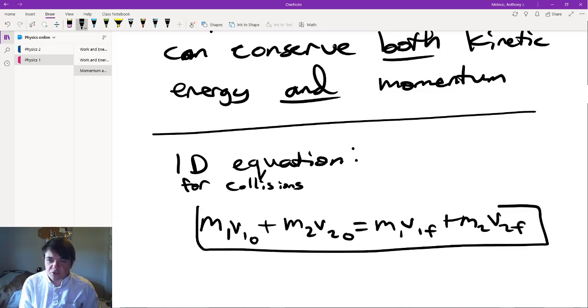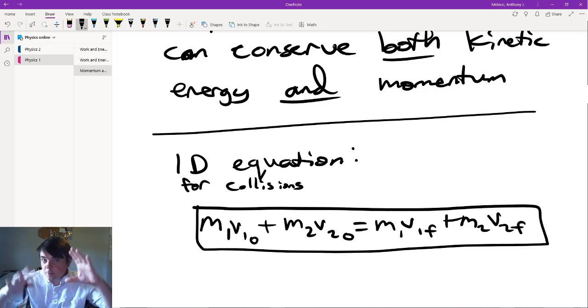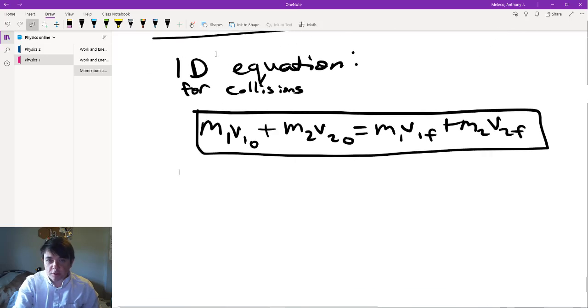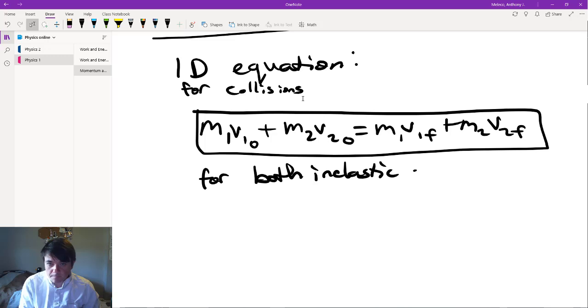This is the 1D equation for collisions. You have to have subscripts on everything because the masses might not be the same. You might have varying ball sizes, like a big ball and a small ball, and the velocities can also vary. This is for collisions for both inelastic and elastic.